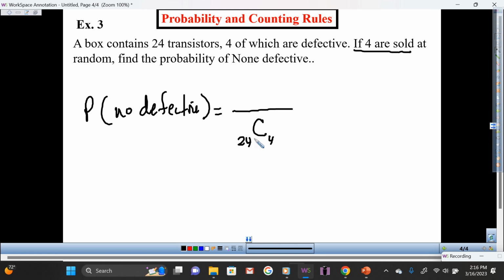So, talk it over with your neighbor, let them know, how do you write the probability of none being defective? If 4 of them are sold, but 4 of them within the 24 are defective. How would you write that? Yeah, you have to keep in mind, there's still 4 of them that are defective, and there's 24 total. Once again, if you have questions, ask Samuel. He's got it.